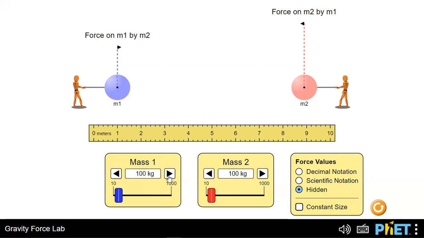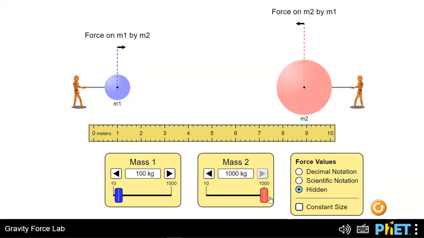Okay. So let's move on to the next setup, the last setup. We have 100 kilograms at 1 meter. So that's M1. While M2 will be still at 9 meters, but the mass will become 1 kilogram. So that's 1,000 grams.